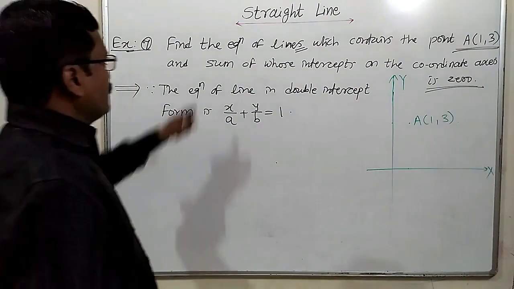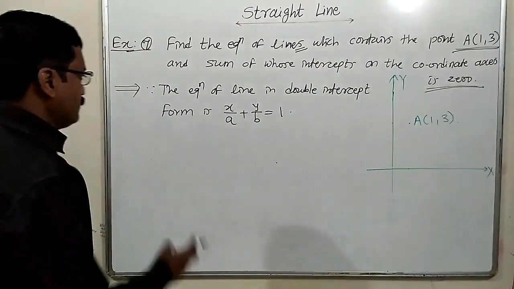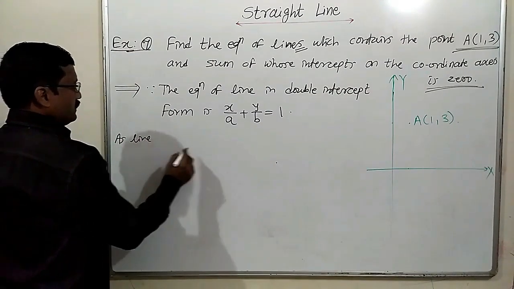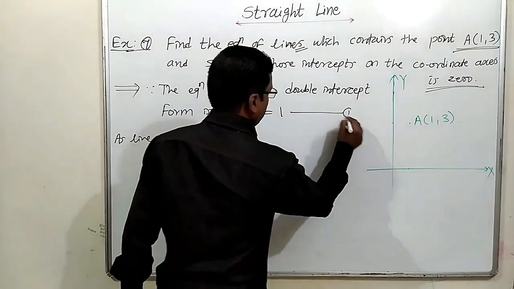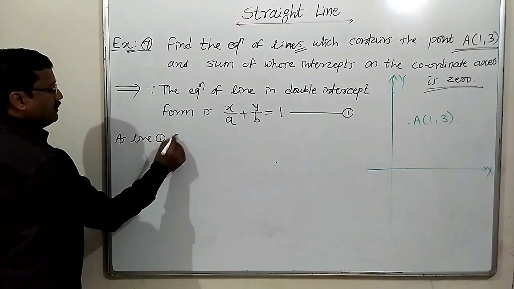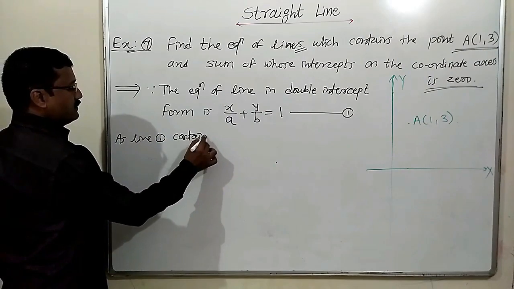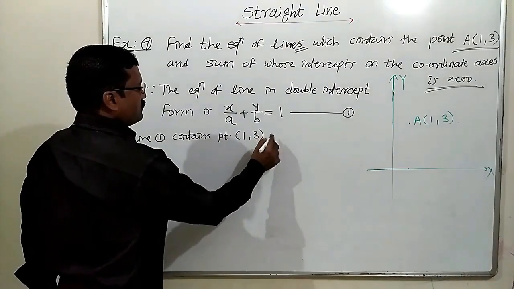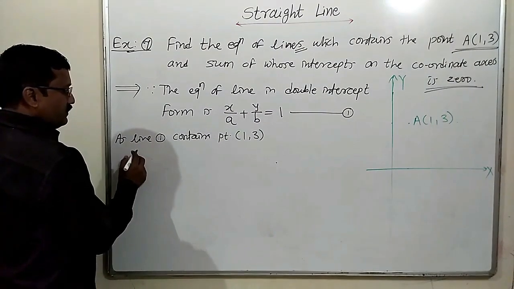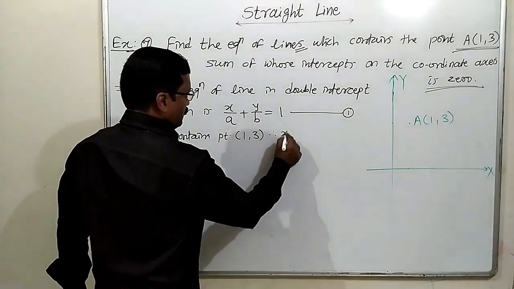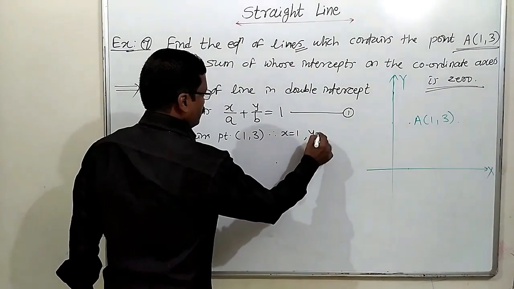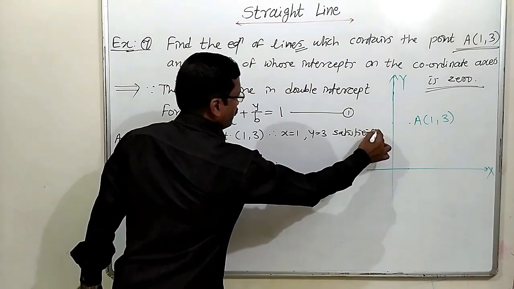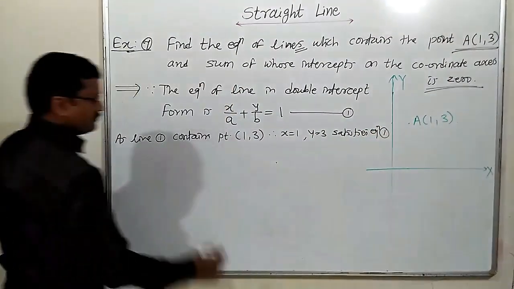The first condition is that the line contains the point A(1, 3), so x = 1 and y = 3 satisfy equation 1.